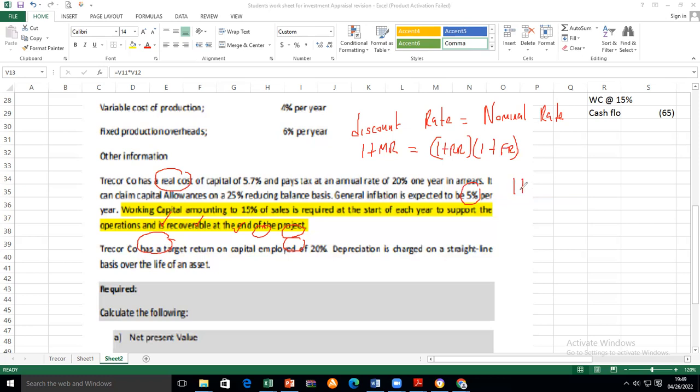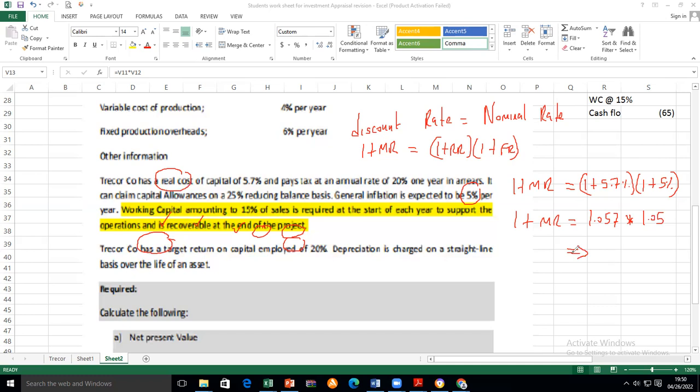So 1 plus the money rate equals 1 plus the real rate multiplied by 1 plus inflation. What is the answer there?